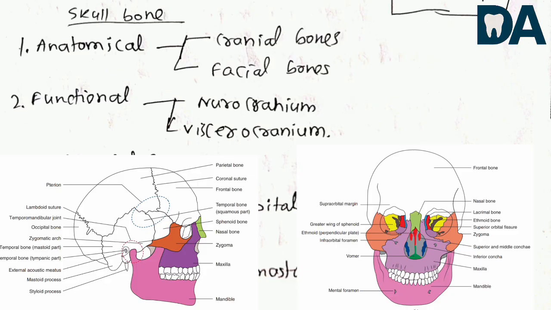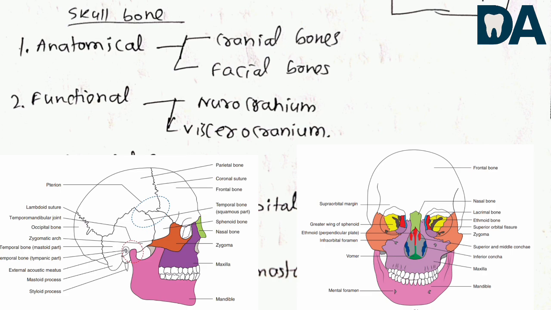Facial bones. Those are bones that comprise the face, and facial bones are 14 in number. Functional classification. Bones have specific functionality, individually or collectively, and are classified into the following.